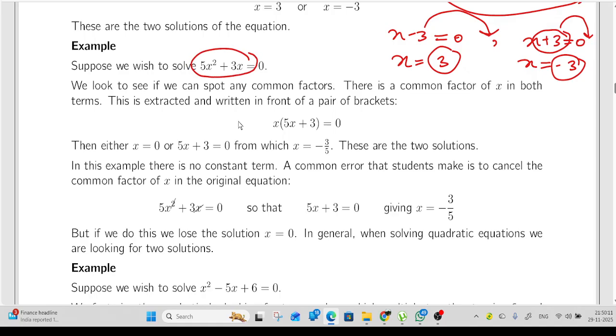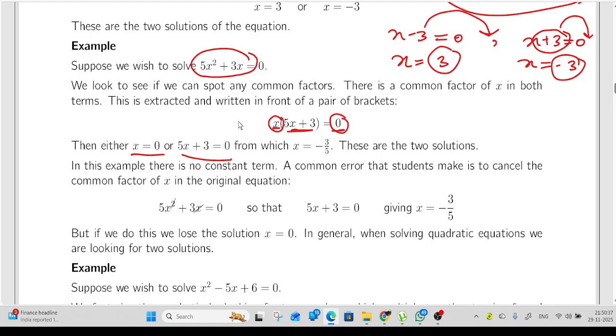We have this. Now here you can see only x is a common factor, right? So you take x outside. Because you took one of the x outside, you have one x left, and here only 3 is left. Now you can equate this x with 0, and then you equate this 5x plus 3 with 0. So you write x is equal to 0 and this is equal to 0.